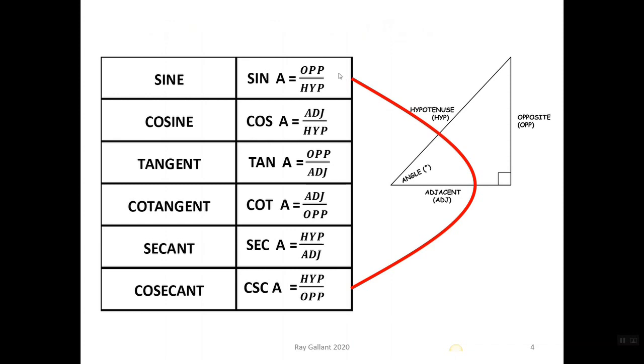Our opposite and hypotenuse for our sine, and our cosecant, hypotenuse and opposite, is just the inverse of sine. So when we type on our calculator, we're not going to find a cosecant button. What we'll find is a sine button. Same with cos and secant. They're just inverted. And the same with tan and cotangent.